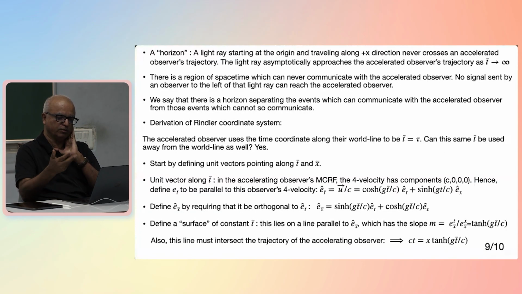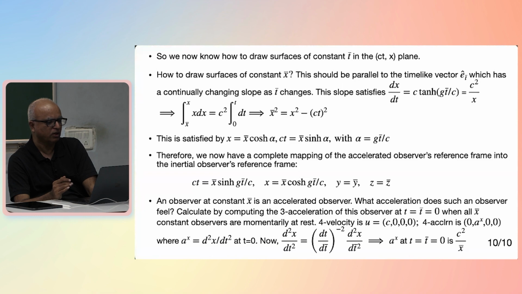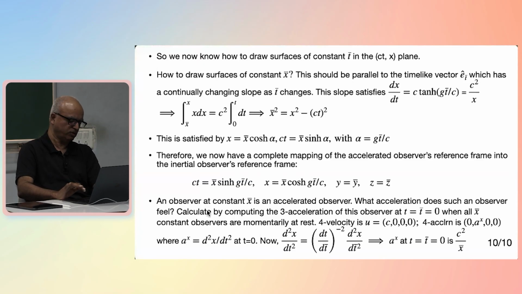The proper time t bar changes with t, and x bar is a constant, different for different observers. This is how the inertial coordinates t and x relate to the Rindler coordinates t bar and x bar. Maybe I will leave some time for discussion.